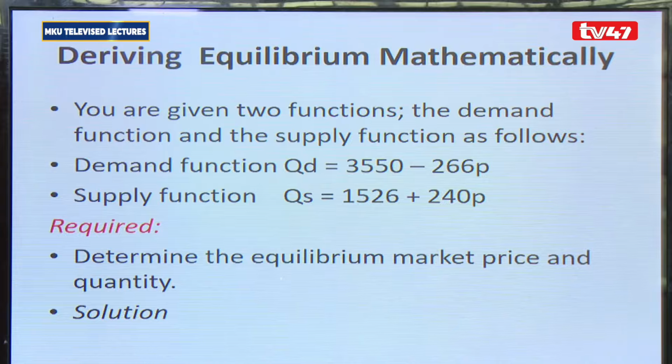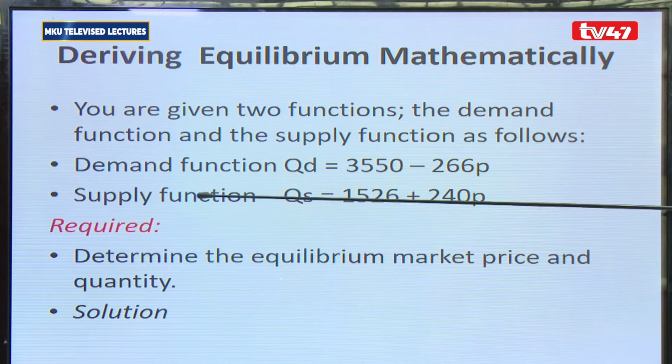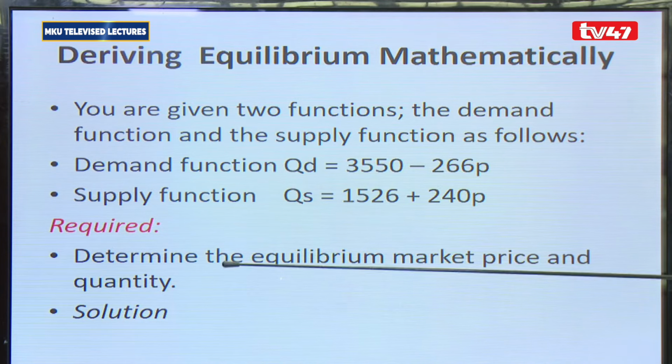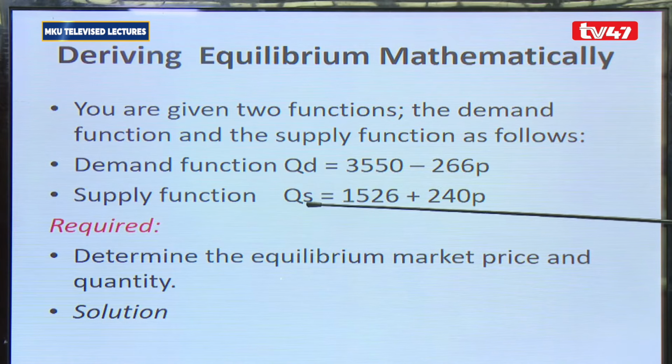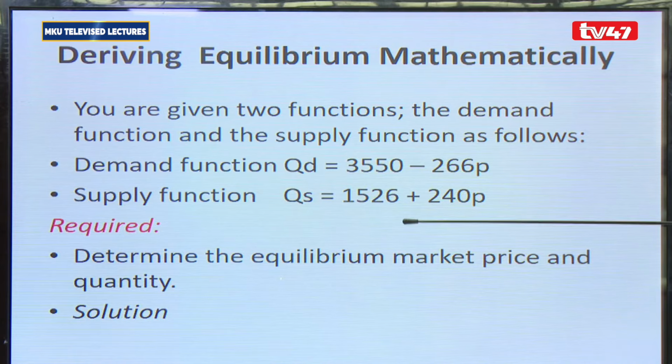We can say the demand function is Qd, the quantity demanded, equals 550 units minus 266P, where P is the price. And you can also be given the supply function. As such, Qs, the quantity supplied, is 1526 units plus 240P. Q is quantity and P is the price.